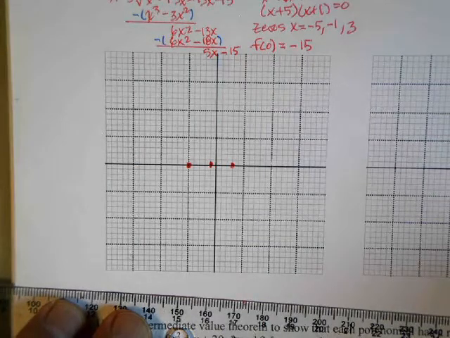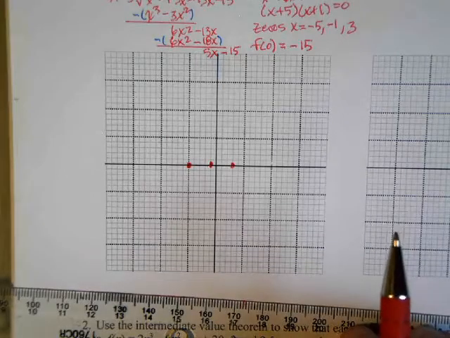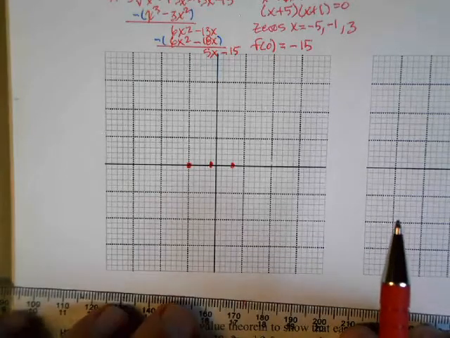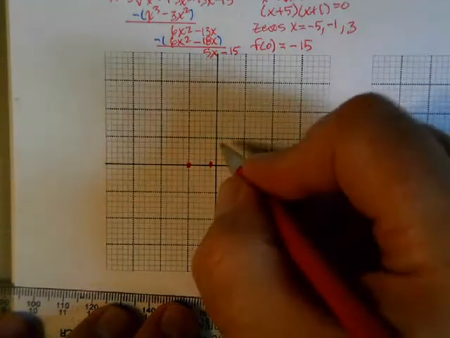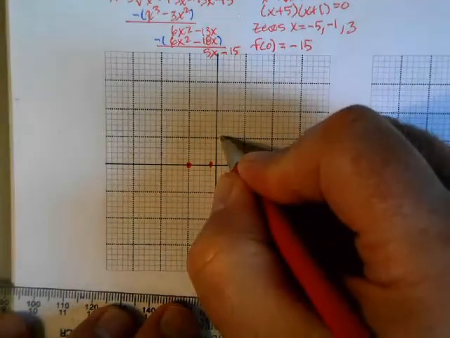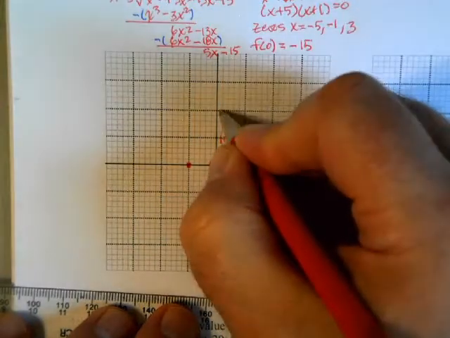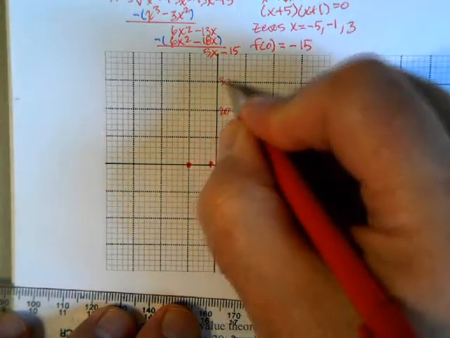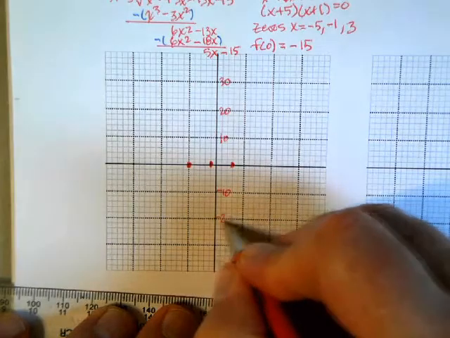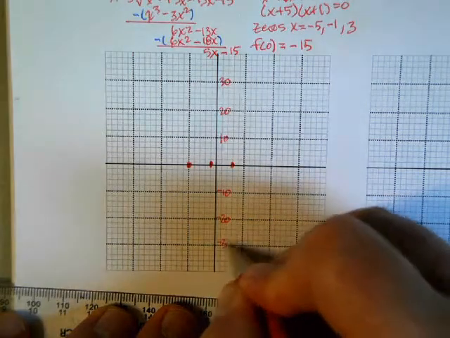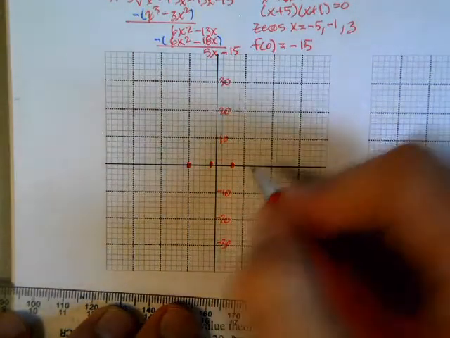Now, in this particular case, just to double check or to give myself some more room, I'm going to do basically, this is 10 and 20 and 30, minus 10, minus 20, subtract 30, in that direction to give me a little bit more space up and down.